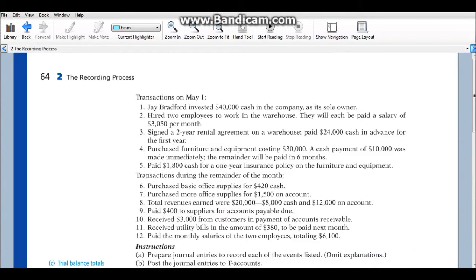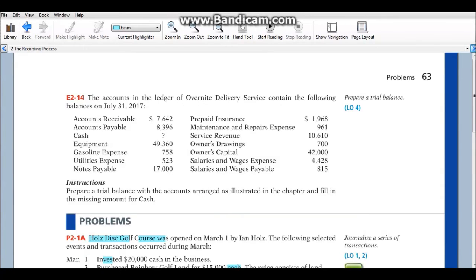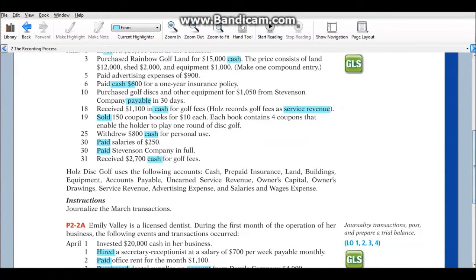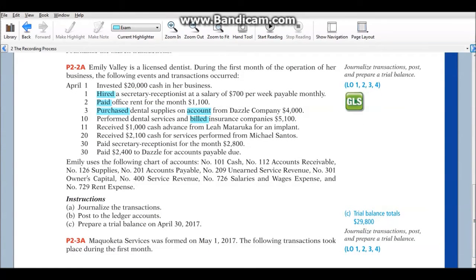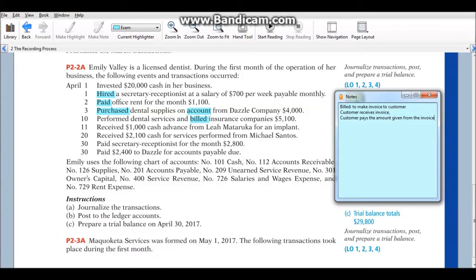Perform dental legal service and bill insurance company, right? So what it means by billed is that the company, Emily Valley Dentist, is creating an invoice. All right, so we actually have three types of transaction.